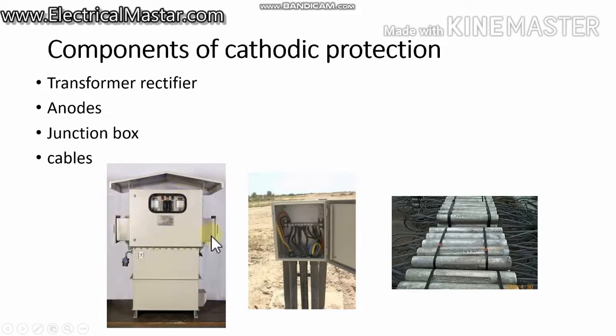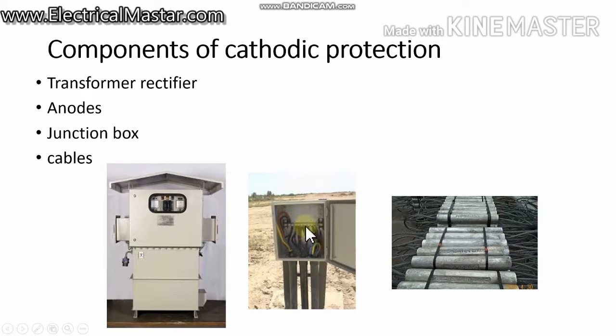The secondary converts it to 24 volt AC, and that 24 volt AC is connected to the rectifier unit, which is also inside this transformer rectifier unit package. The rectifier converts the 24 volt AC into 24 volt DC, which is connected to the junction box.